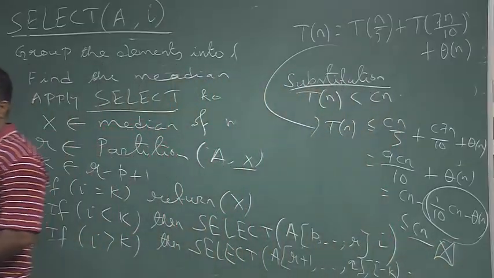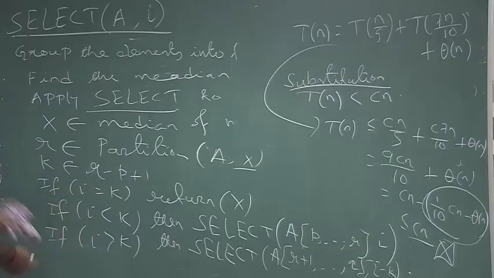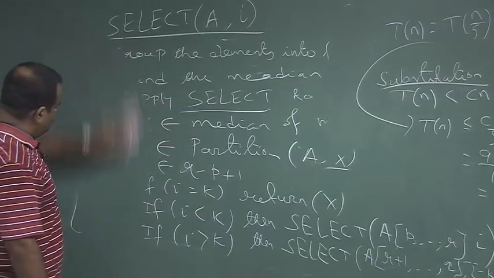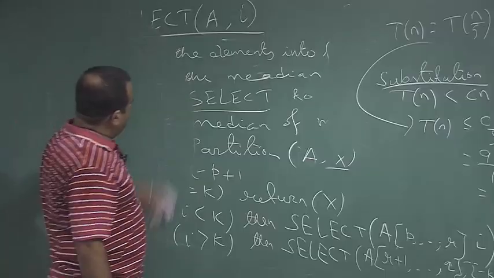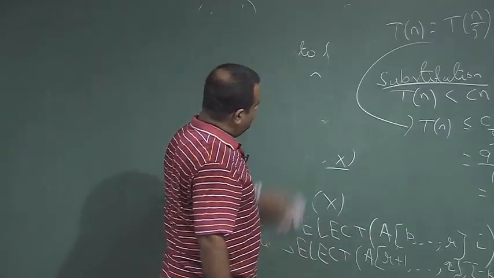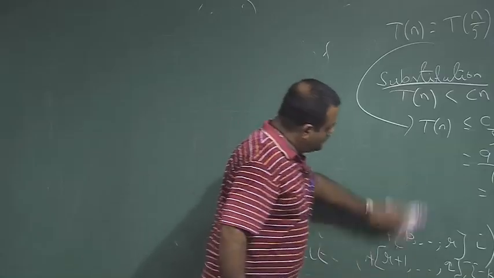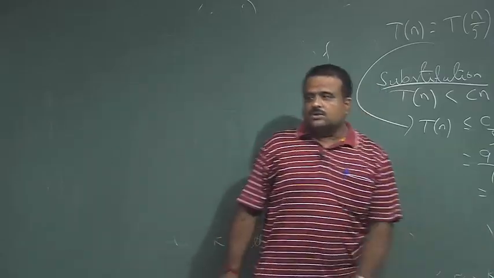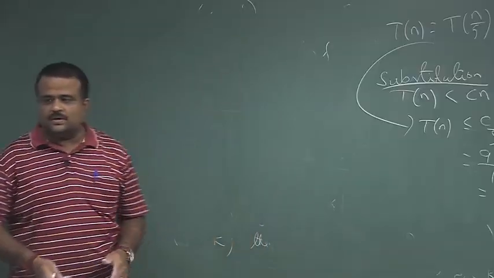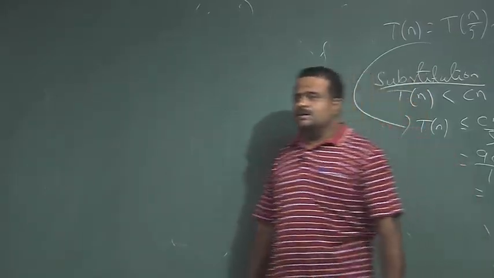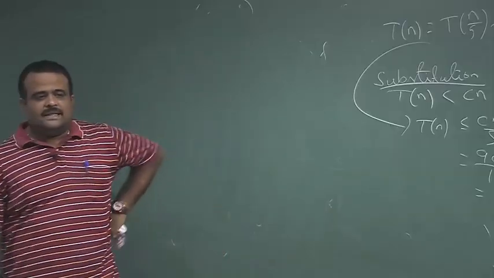So, this is a linear time algorithm, which we can also see with the help of the recurrence tree. Now the question is whether this is better or the randomized version of select is better.